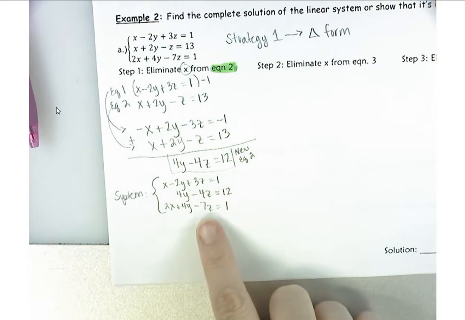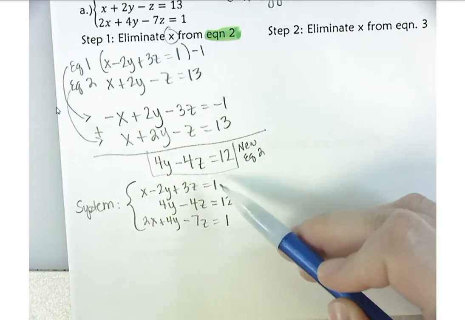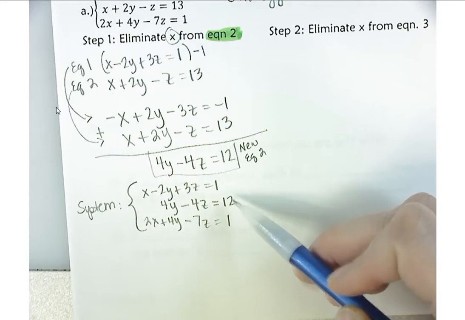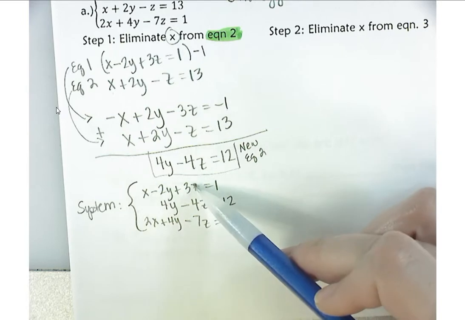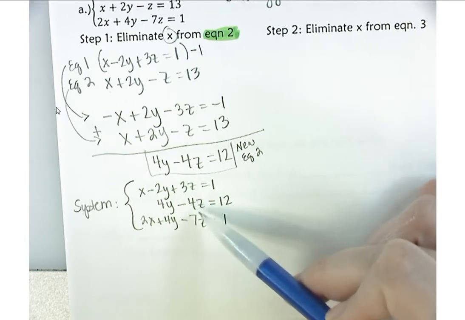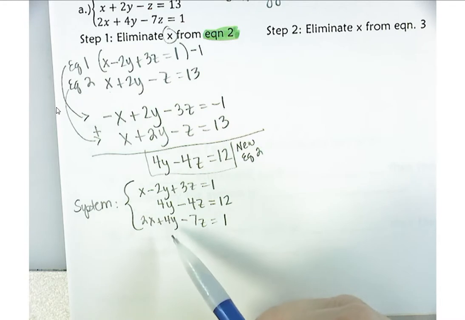Alright, now if I look at my system, can we see that the first equation and the second equation are now in what they need to be for triangular form? The first equation has x, y, z. The second equation just has y and z. So then what am I going to do next? Well, what do I have to do to the third equation?